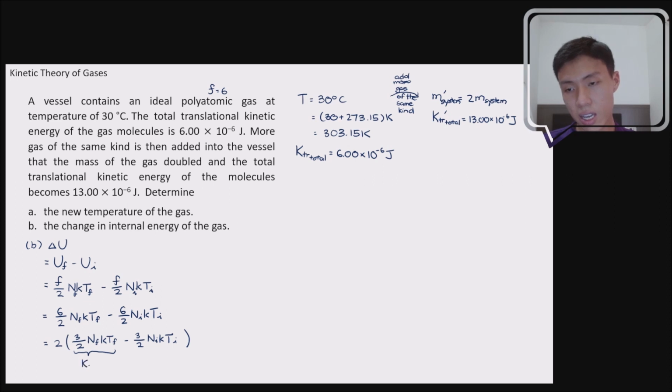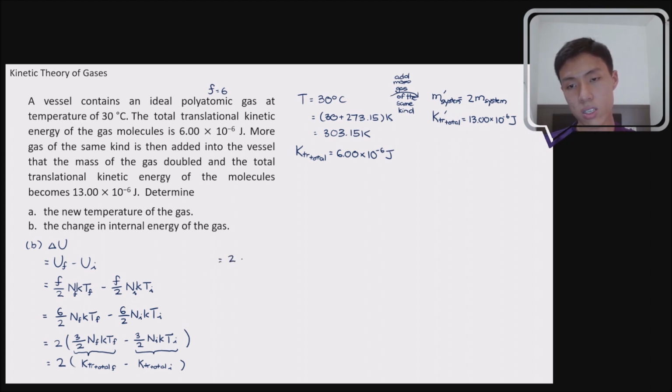What you have here is also 3 over 2 NkT, which is again KTR total, but this is KTR total initial. So you have simplified the equation a little bit to become 2 times KTR total final minus 2 times KTR total initial.